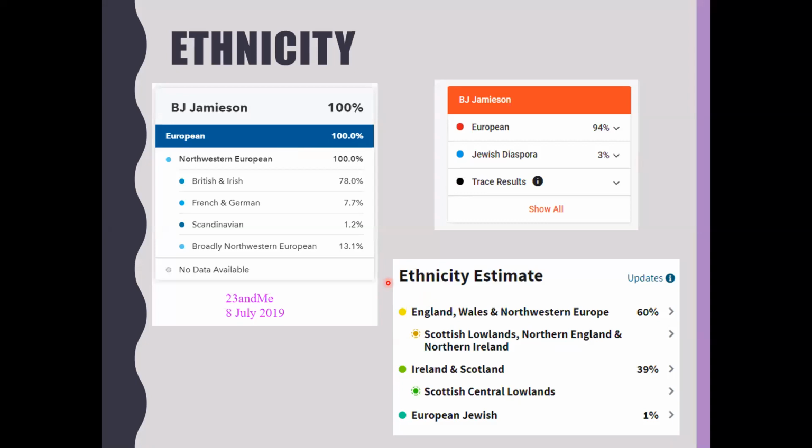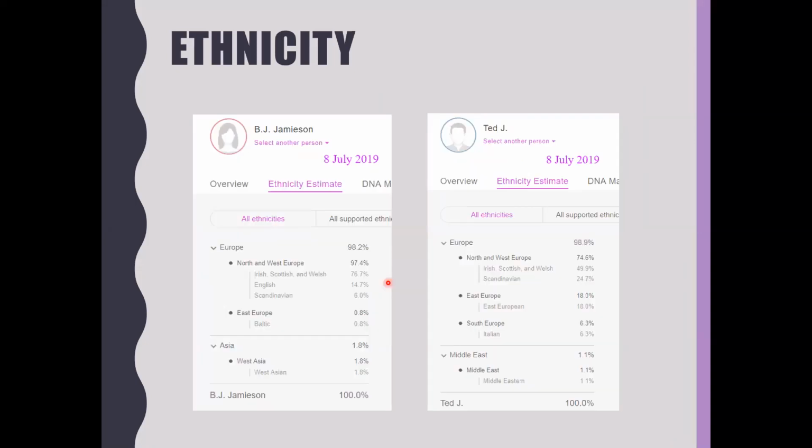And the different services chunk their reference populations differently. So here, this is my heritage, and this is me, and this is my brother. You'll see we both come out at 98 point something percent European.